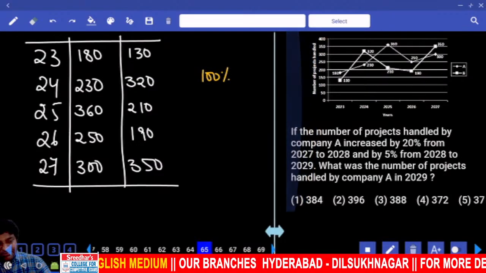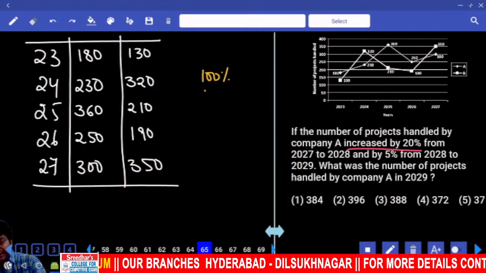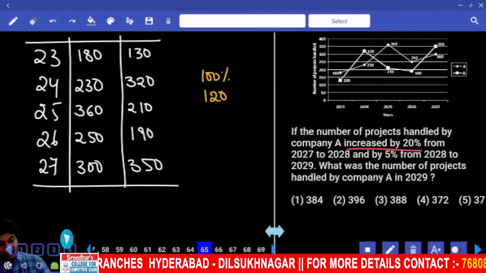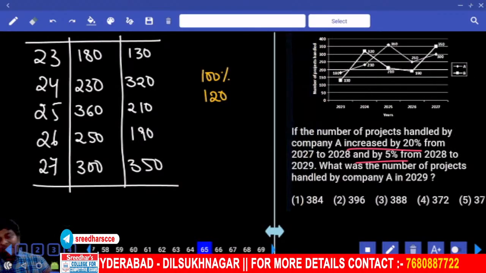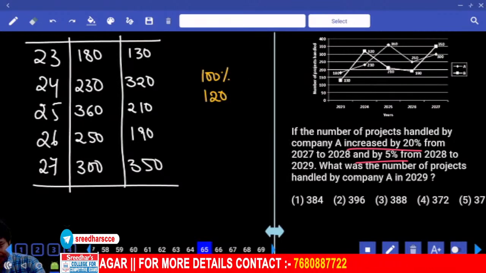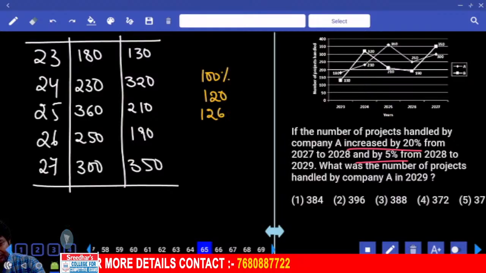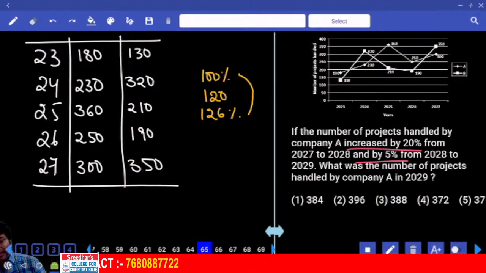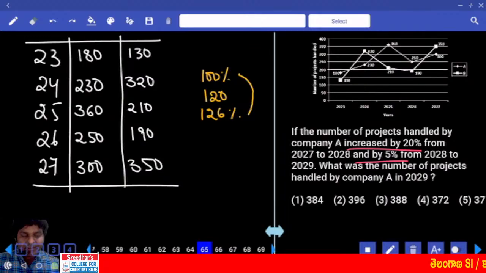Next year it changed by 20%, then it becomes 120. Then changed again by 5% of this number. Then finally it becomes 126%. Earlier it was 100.